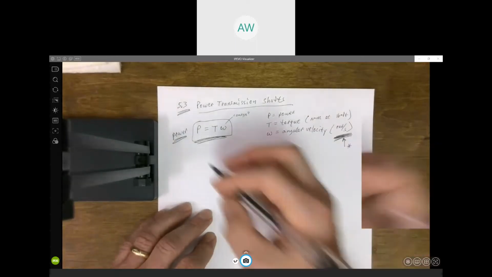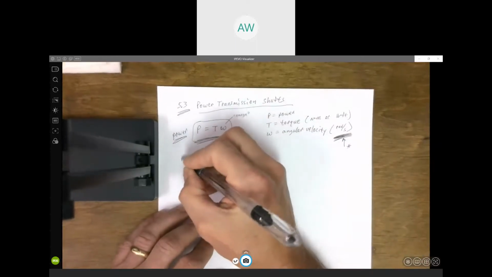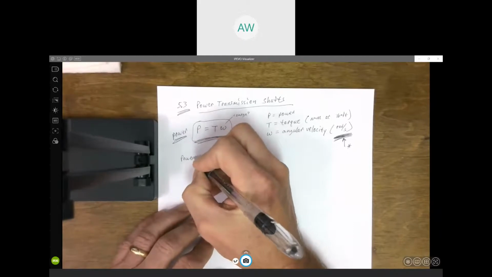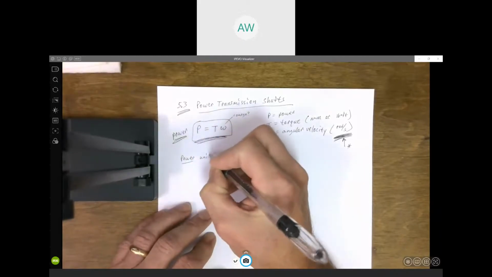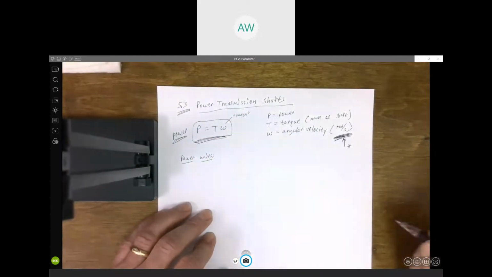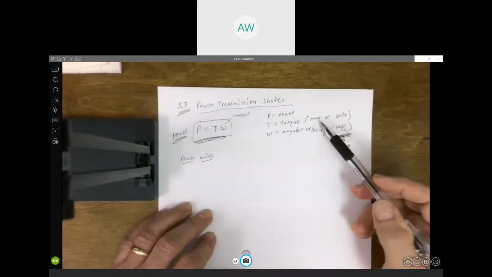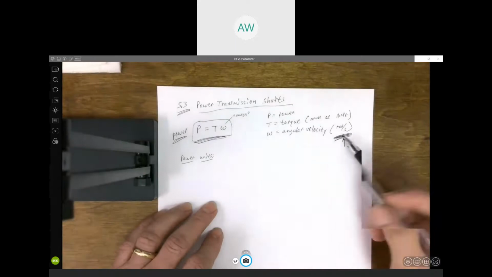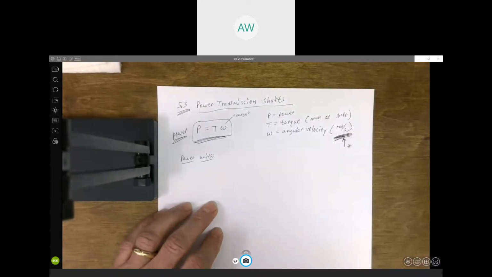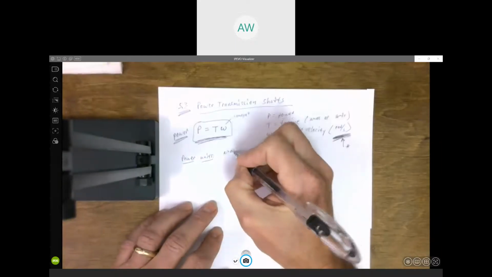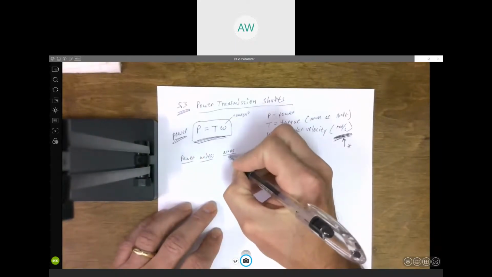Now, for power, the units. If they're SI units, torque is going to be in Newton meters. If omega is in radians per second, you get Newton meters times radians per second, but radians are dimensionless, so you're just going to get Newton meters per second.